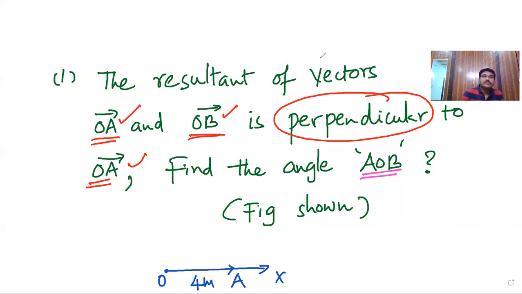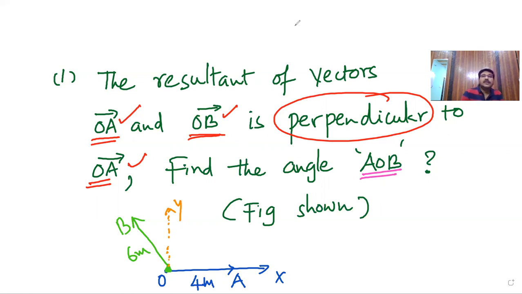Next, he has given OB in the figure, which is 6 meters, clearly shown with the help of dotted lines. This is the y-axis.